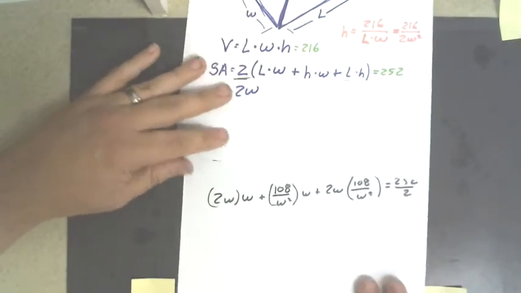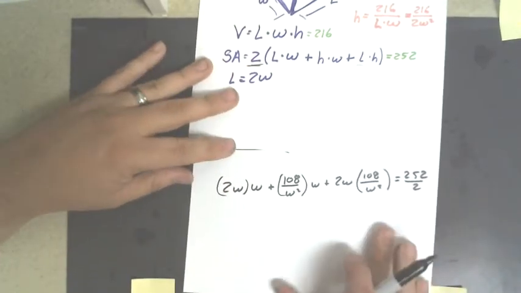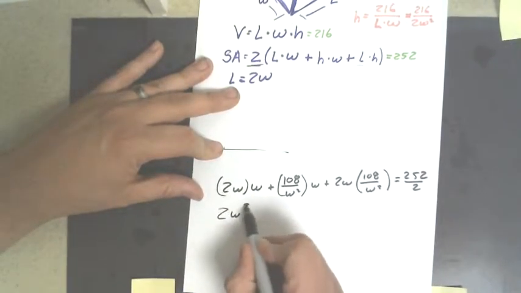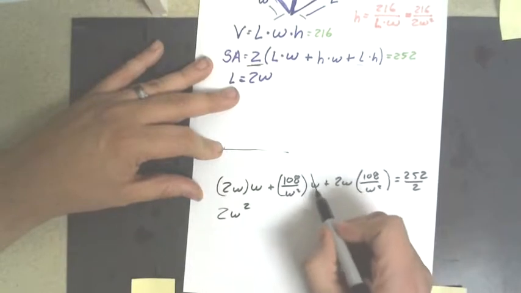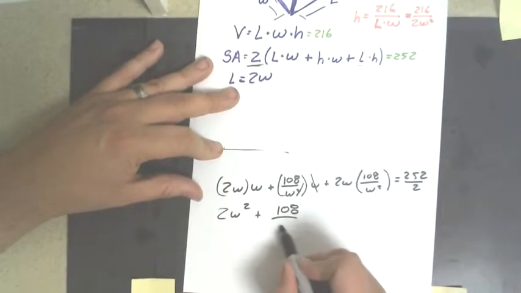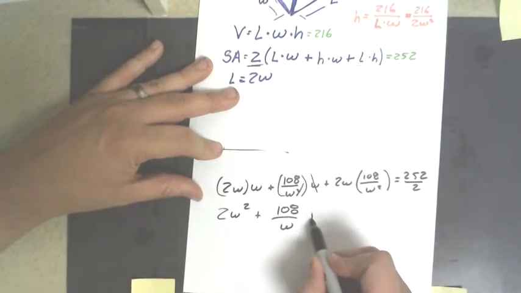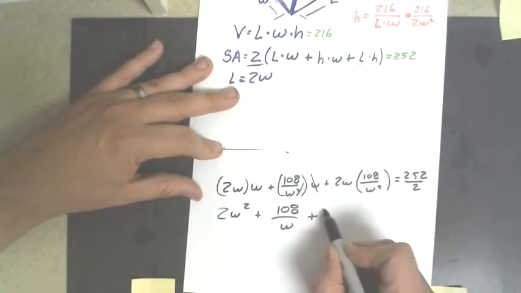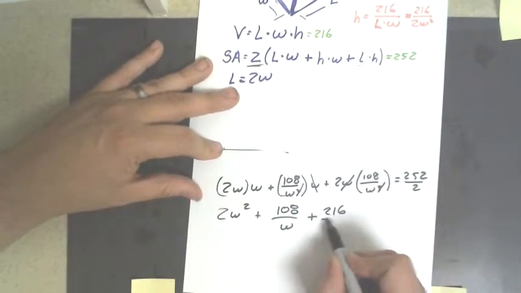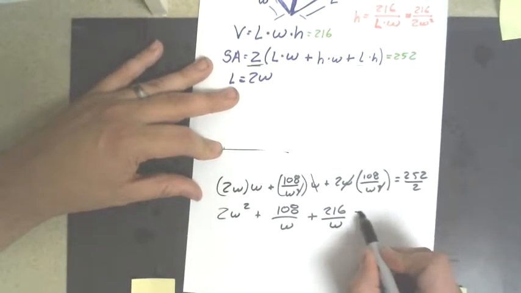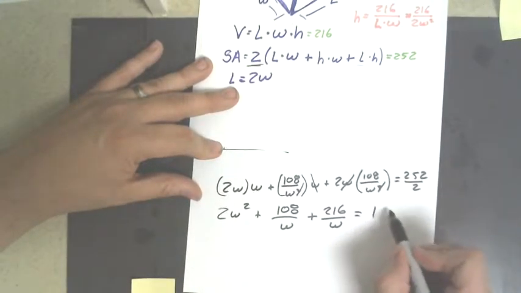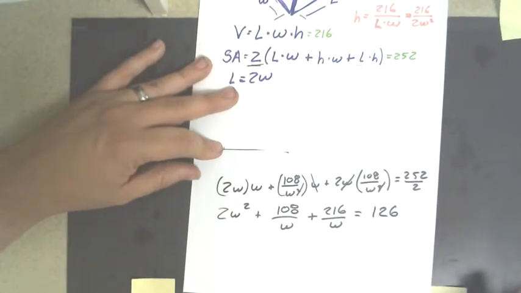Hopefully that goes well. So a little bit of simplifying here. How about the 2W times W, nice, 2W squared. A little canceling those W's out, so we get 108 over a single W. 2 times the 108 is back to 216, but that W is going to cancel with one of those W's, so we have another W on the bottom. And I hope it's okay to take that straight to, what was that, 126.